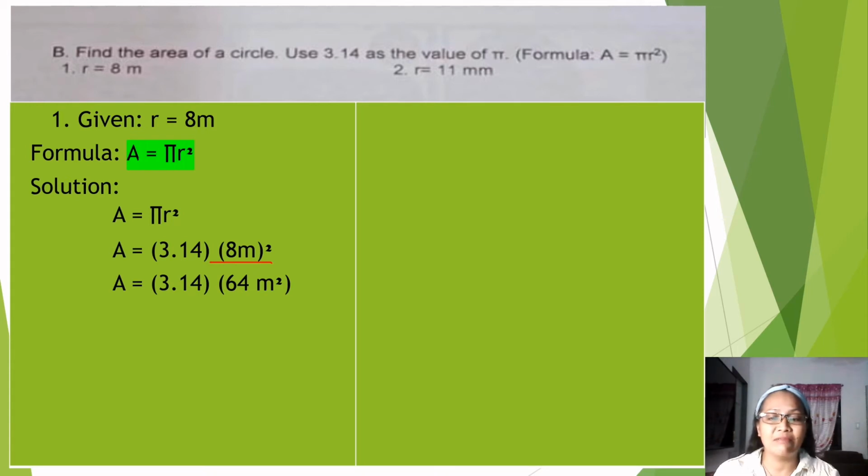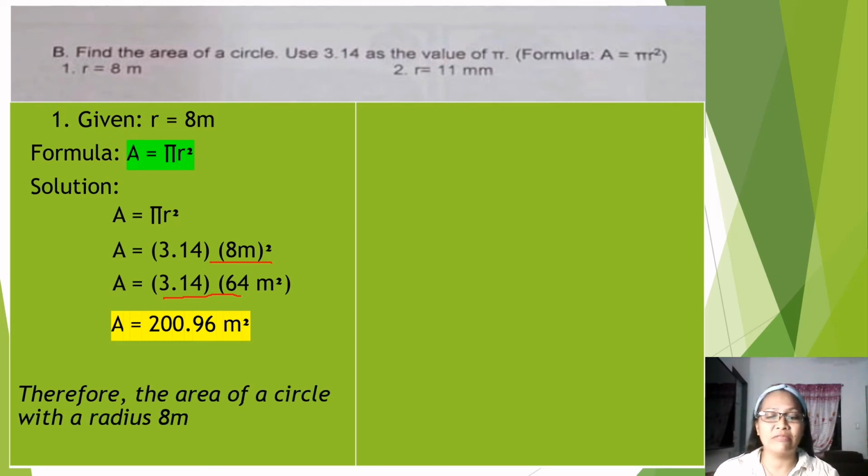Meter times meter, we have meter squared or m raised to the second power. Then multiply 3.14 times 64. So we have area equals 200.96. Then copy the unit, m to the second power. We read this as area equals 200.96 meter squared or squared meter.